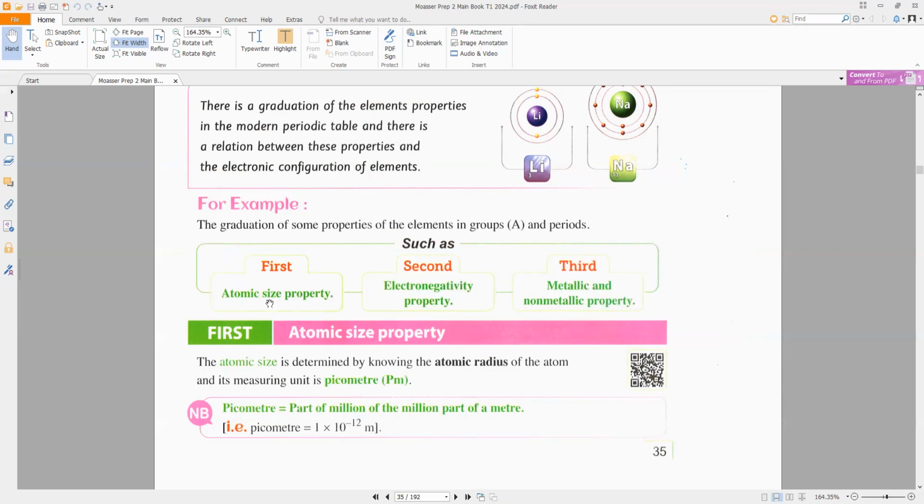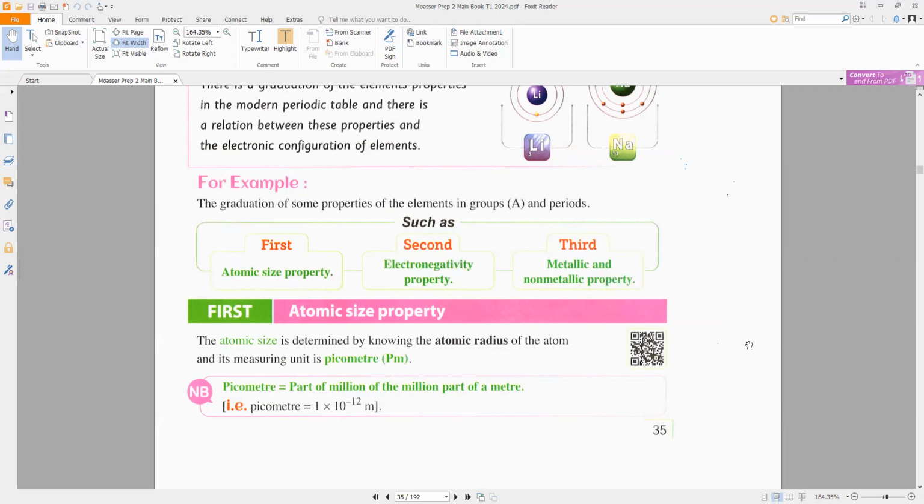We take the first one, atomic size, also called atomic volume or atomic radius. We measure from the center of the nucleus to the outermost electron, the outermost energy level. We measure the distance in meters, but the smallest unit is the picometer, a millionth of a millionth of a meter. It equals 1 times 10 to the power of minus 12 meter.